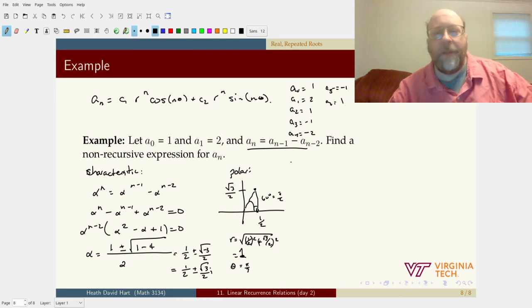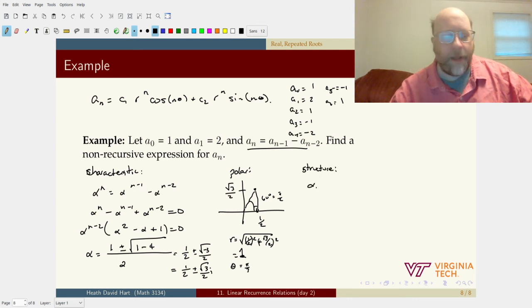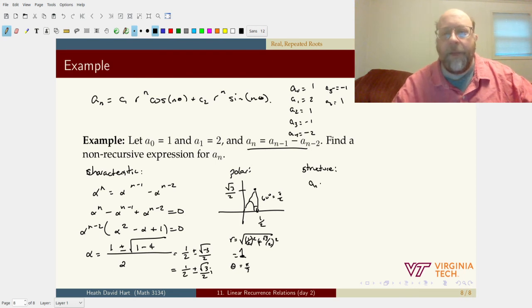That tells me that the structure of my solution is a sub n is equal to c1 times 1 to the n, this is my radius, times the cosine of pi over 3 times n, plus c2 times 1 to the n times the sine of pi over 3 times n.